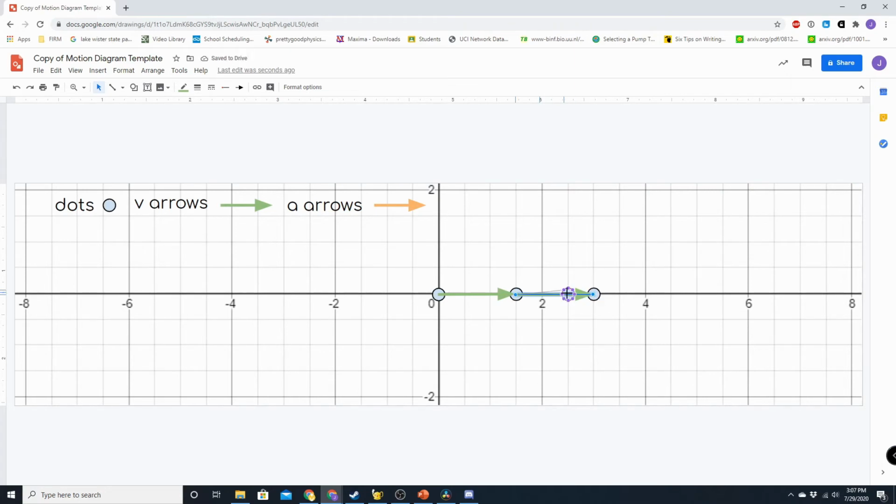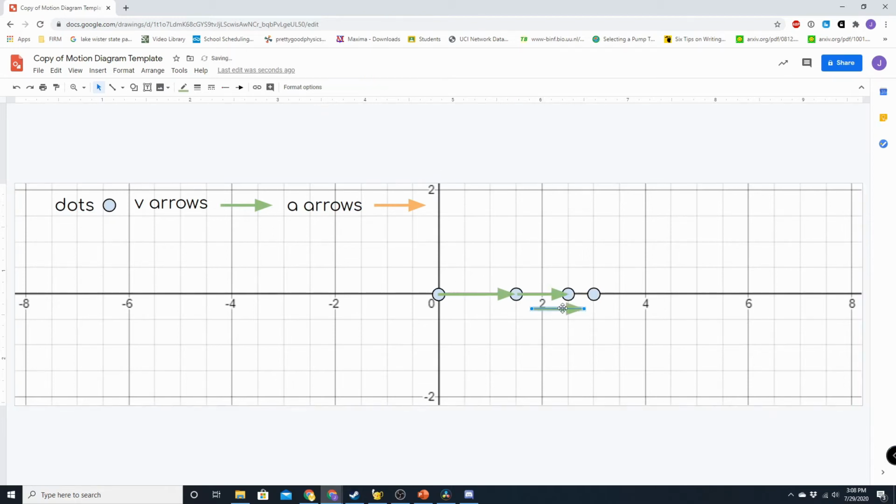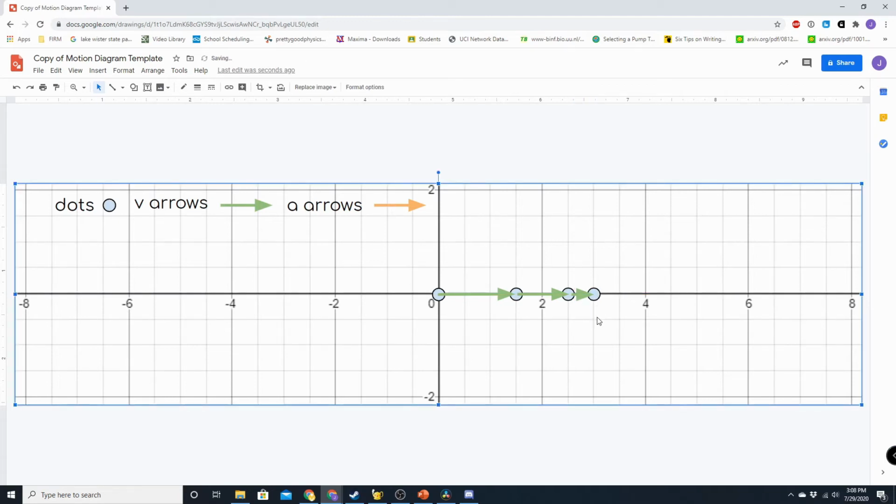And we're just going to do our best trying to get these vectors to look correct. The trick that I'm doing here is, since it doesn't really want me to draw from center to center, I'm drawing it from edge to edge and then moving it center to center.